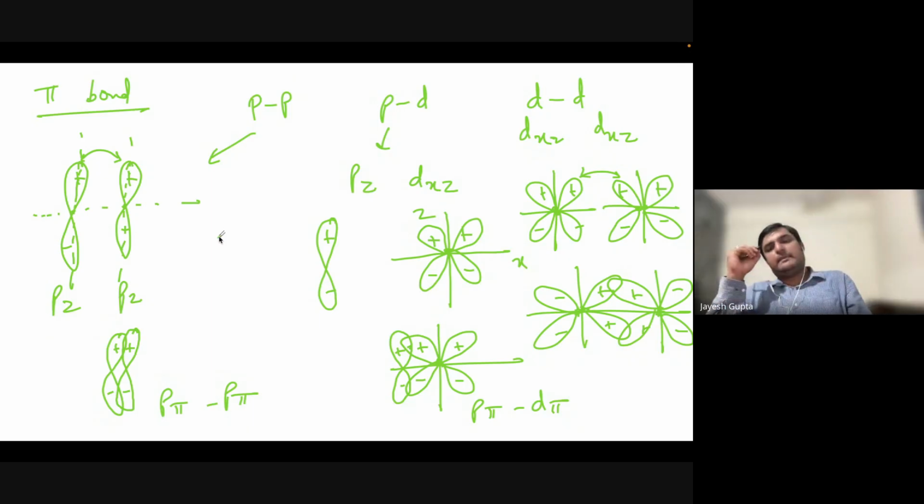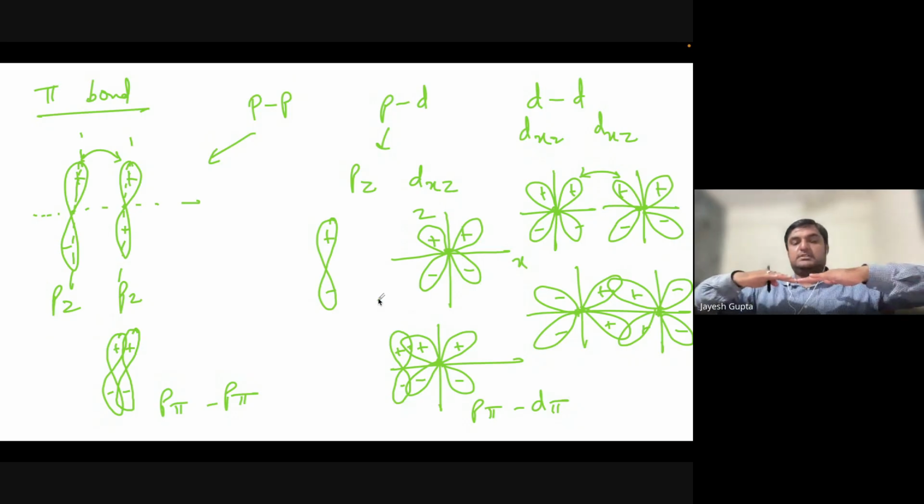It's not better to say in terms of axis, because if you take the example of P and D, in D also there are two axes. So the lobes are lateral to each other. They are not in a head-on situation, but they are parallel to each other. If you want to say in terms of axis, it's better to say internuclear axis. Do you know the internuclear axis?